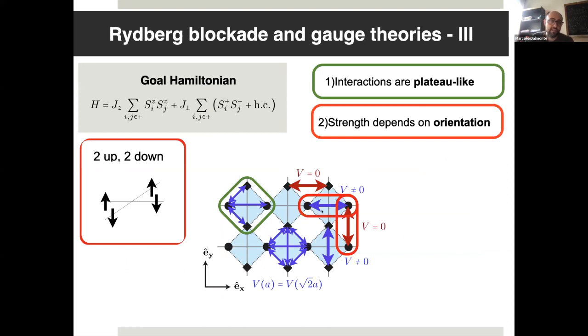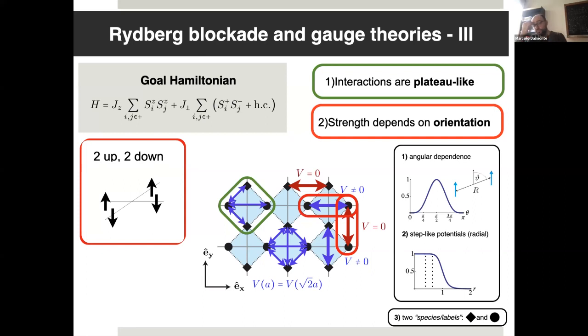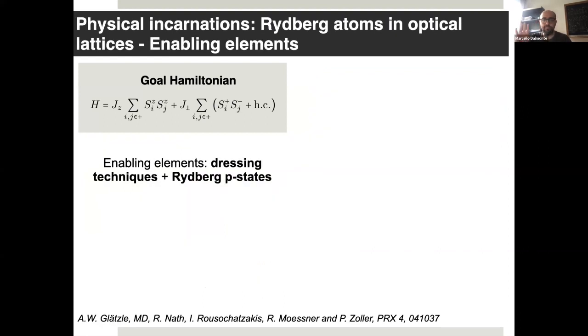They have to be independent of the orientation because, for instance, if I look at this spin that I'm pointing out, it has to be strongly interacting with its neighbor along the x direction, but essentially not interacting with the neighbor in the vertical direction. And in addition, there has to be some sort of angular dependence. This is very complicated, and I spare you the details.